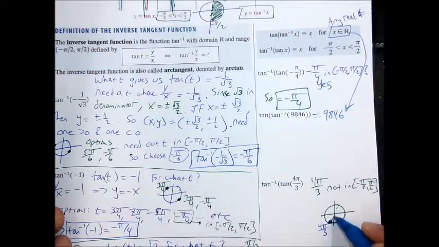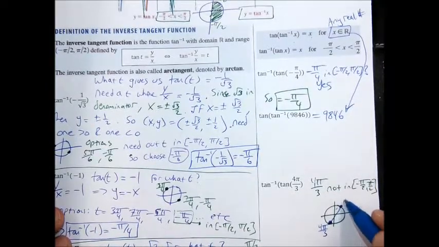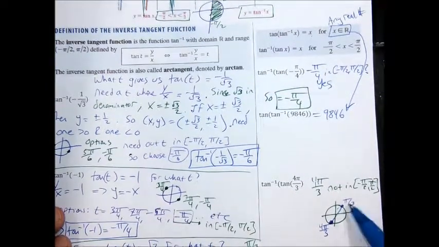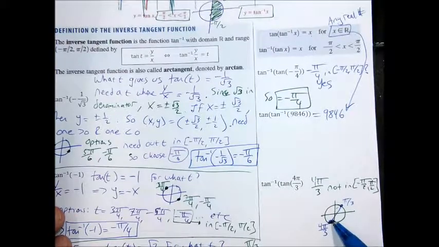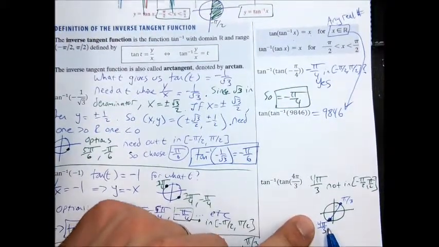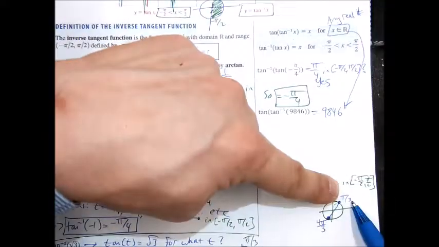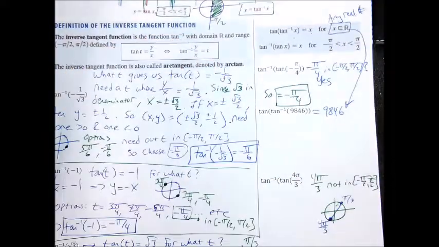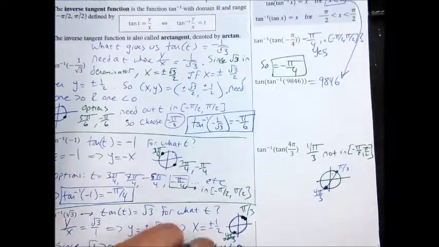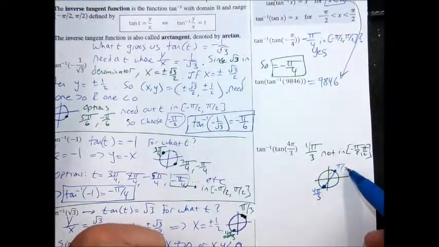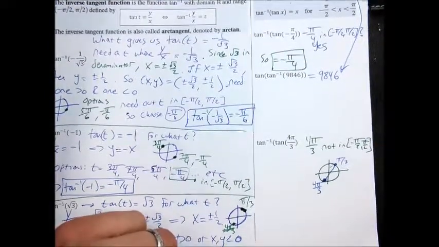Pi over 3, right? This one. They're going to have the same points, except the bottom one, 4 pi over 3, they're both negative, and the pi over 3, they're both positive. But when you divide the two, you'll get the same answer. And so pi over 3 is just as good of an answer as 4 pi over 3.